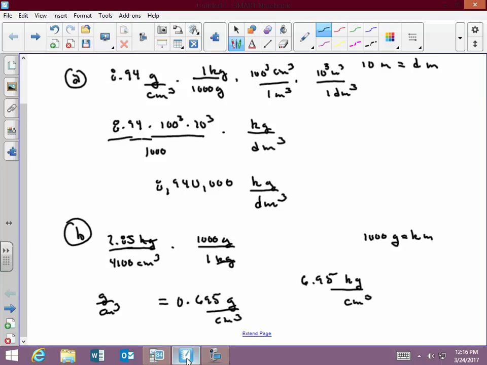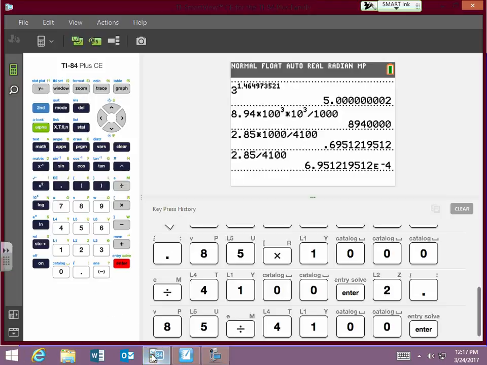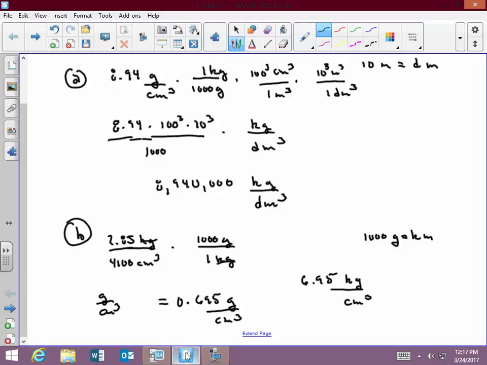That's not even right. What in the heck is going on there? That can't be in there. Oh, that's e to the -4. So that's 4 over. So that actually this is 0.12365 grams per centimeter cubed.